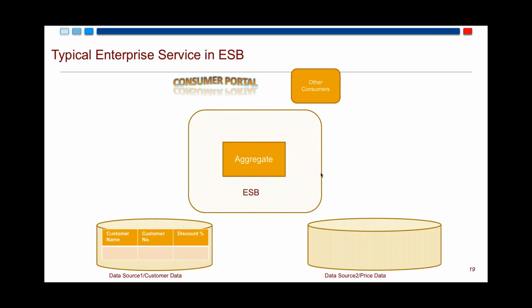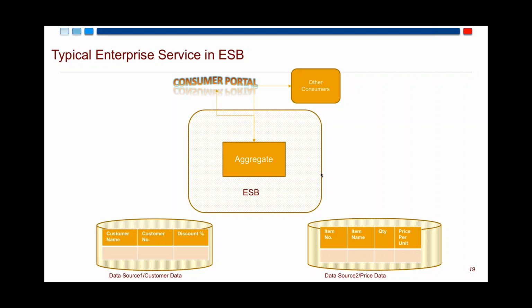For example, let's take one database which contains customer data: customer name, number, and discount percentage for that customer. In another data source, we stored pricing data for all the customers: item numbers, item names, quantity, and price per unit for a particular quantity of that item.